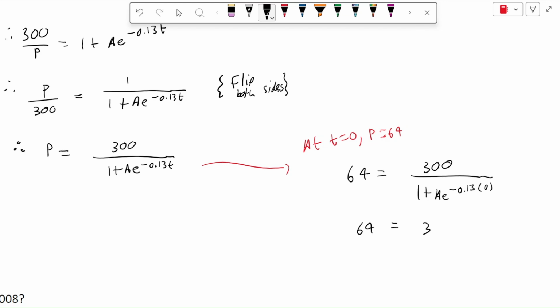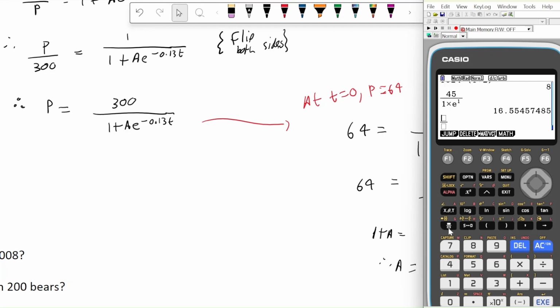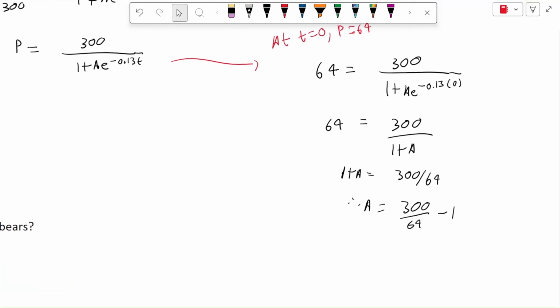So 1 plus a, so you're going to get 1 plus a is 300 over 64. Therefore, a is 300 over 64, take 1, and we can work out what that is. 59 over 16.